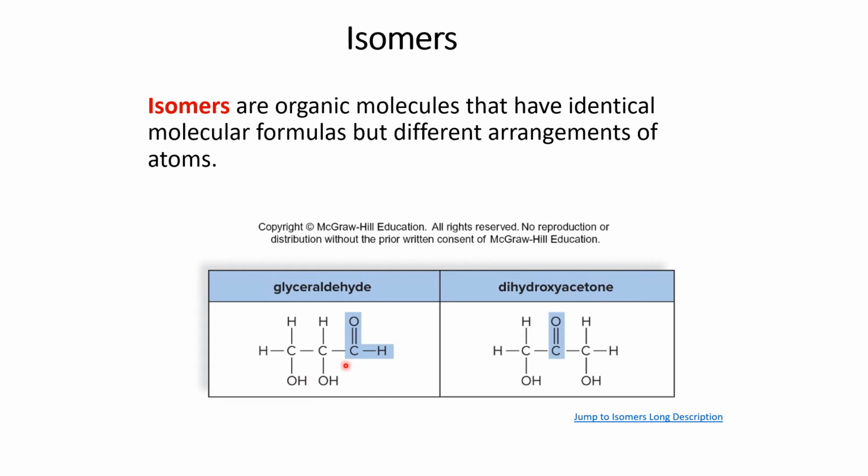So C3, 1, 2, 3, 4, 5, 6 H 0 3. This one is also C3, 1, 2, 3, 4, 5, 6 H or H6O3. So these have the same formula, but they have a different structure. When two molecules have the same formula but different structures, they're called isomers.